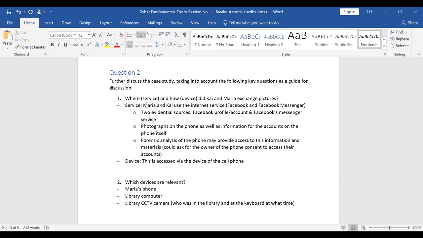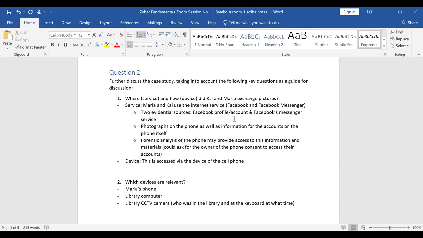Our group came up with some sort of answer to this question. For question 1, where and how did Kai and Maria exchange pictures? We came up with a service that Maria and Kai use, an internet service like Facebook, especially Facebook Messenger.